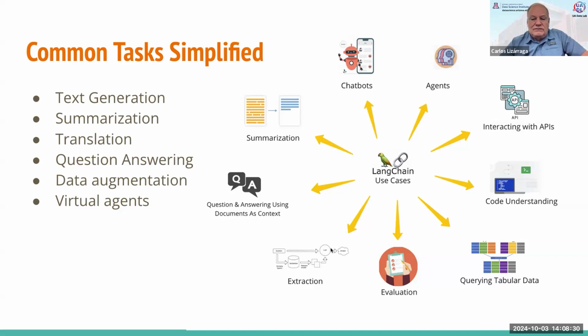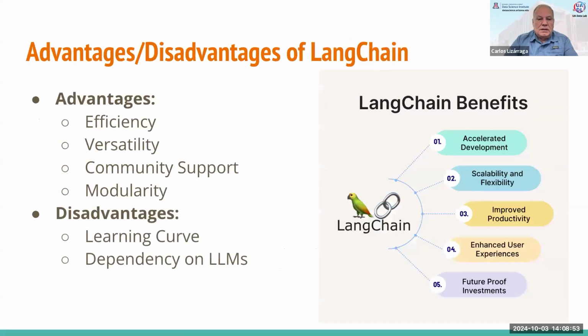We can extract information. We can have a series of questions and answers about some specific document, or we can do, for example, summarization of a text. These are common tasks that we want to do, and Langchain will help us develop an application more efficiently.